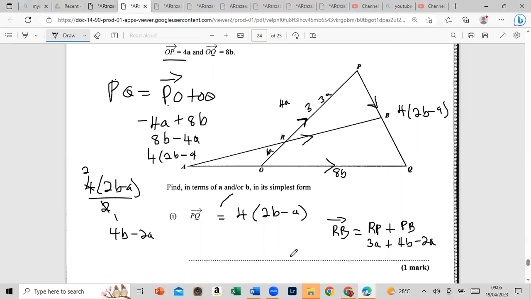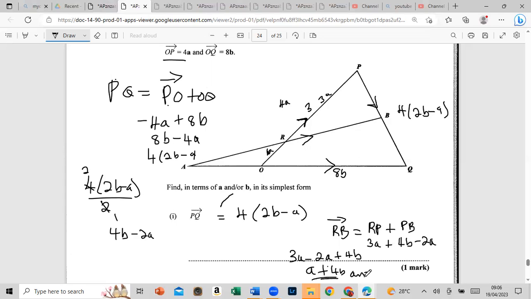So we have 3a minus 2a plus 4b. And then this will give us a plus 4b, sorry, 4b. So this will be a plus 4b. And that will conclude this paper.